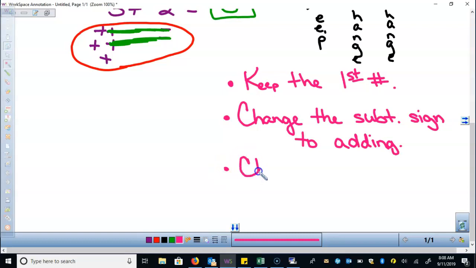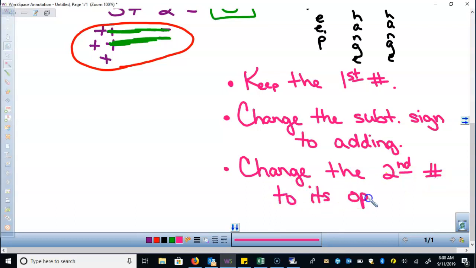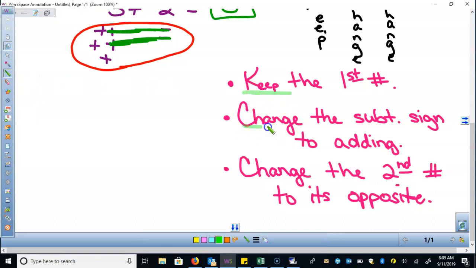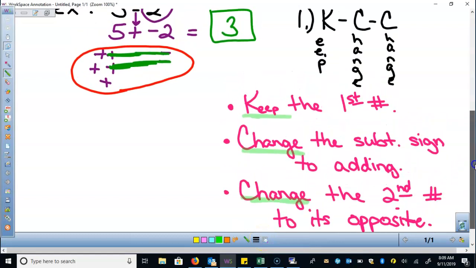And then we're going to change the second number to its opposite. Okay? Keep, change, change. That's step one. Keep, change, change.